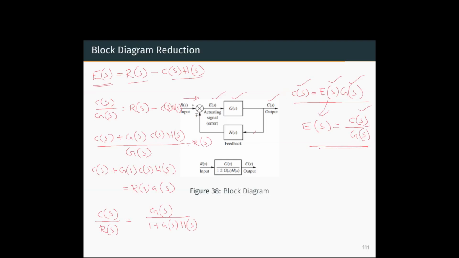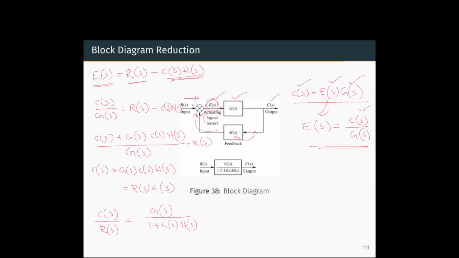So C of s is the signal that is arriving here, that is getting multiplied with H of s, C of s into H of s. When we are considering a negative sign, R of s minus C of s H of s. That is the signal coming here, E of s. E of s is nothing but the signal coming here minus the signal coming here.